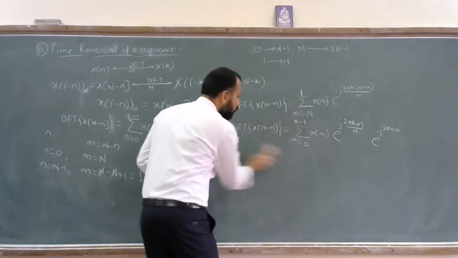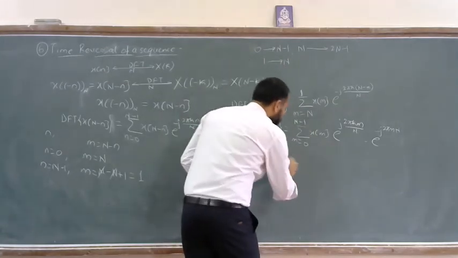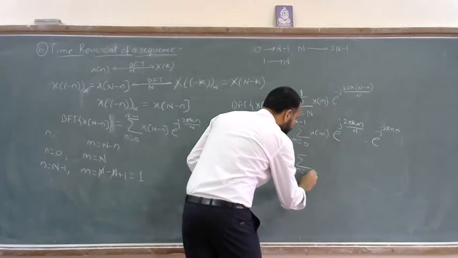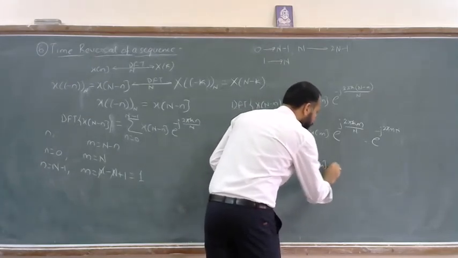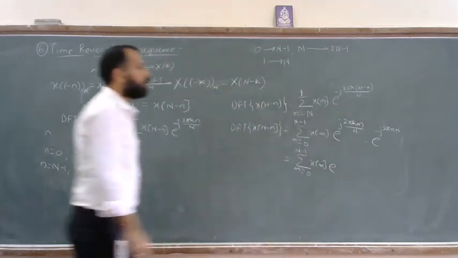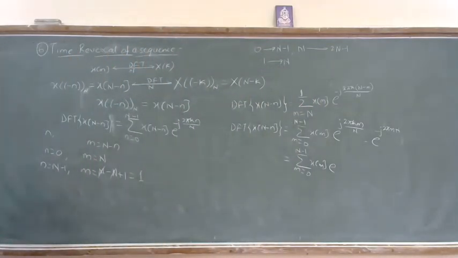Now combine those two exponentials. Summation m equals 0 to N minus 1, x of m, e to the power, now what will you take common?